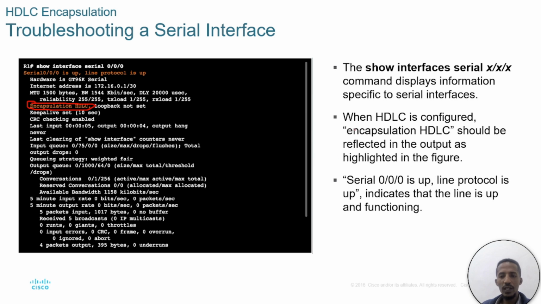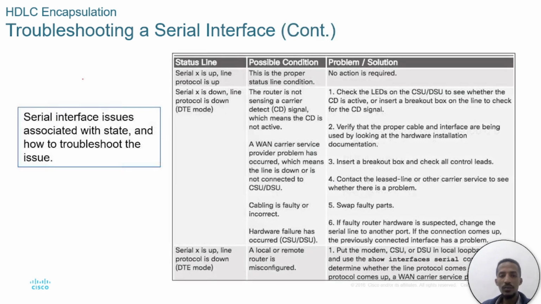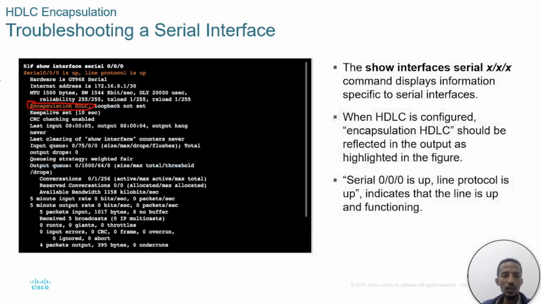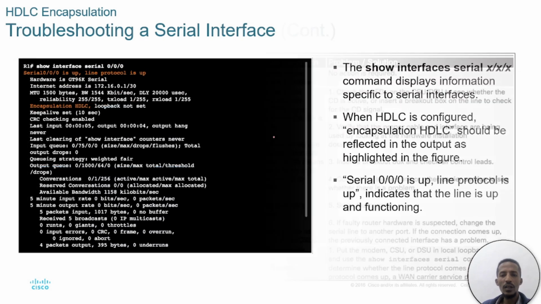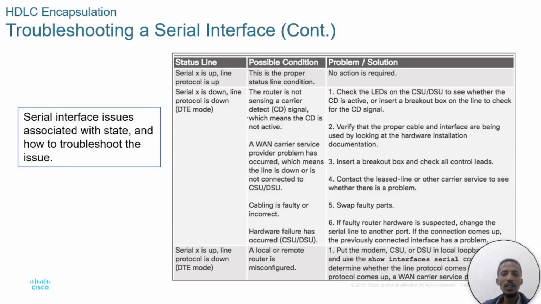whenever you have serial 0/0/0 up, line protocol up, that indicates the line is functioning properly. There are also different troubleshooting mechanisms. When you see this command, there are different means that you can identify problems related with the serial line.